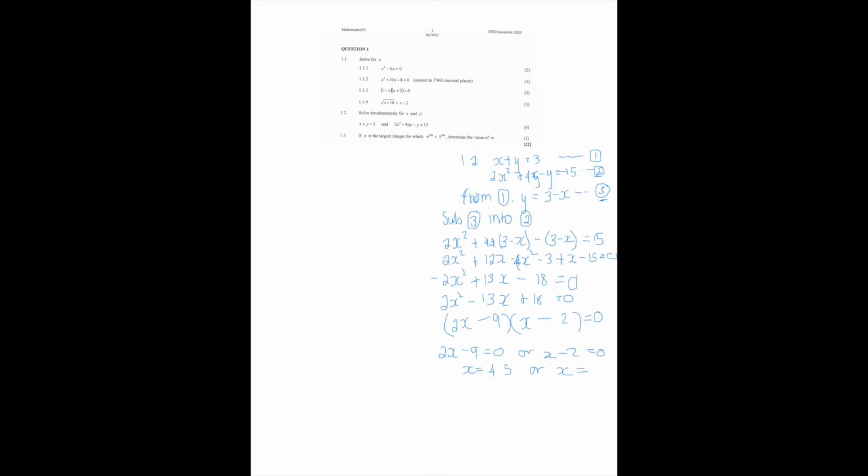So now if we substitute the values of x into equation 3, which is that y is equal to 3 minus x, we would then be able to get our values of y.